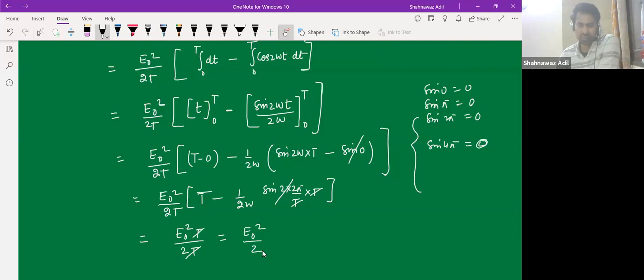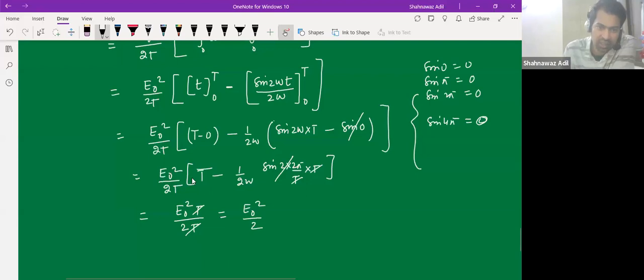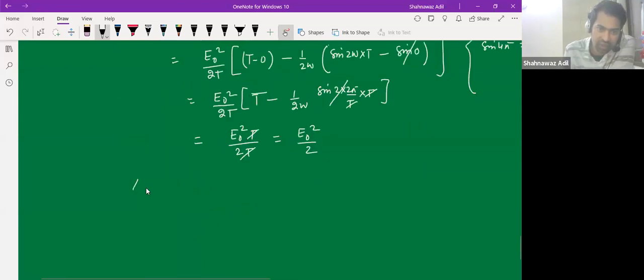Right? So this is the average of E square we have got. Now to calculate the RMS, ERMS is how much? That is E square average and root.